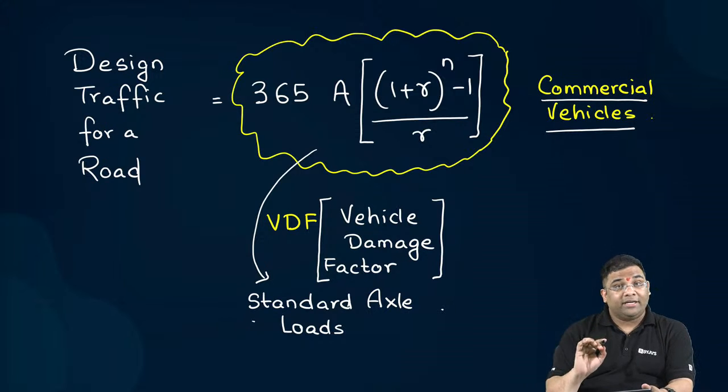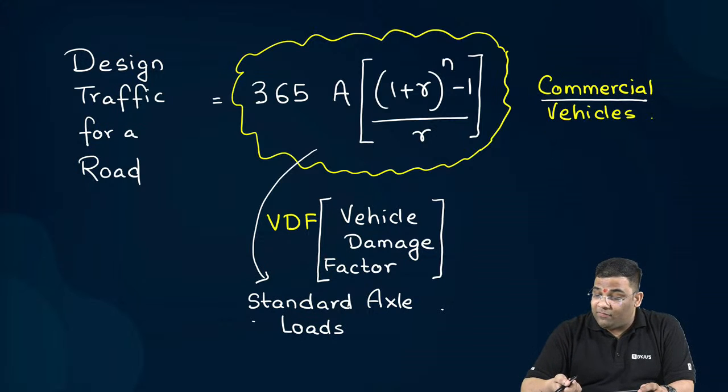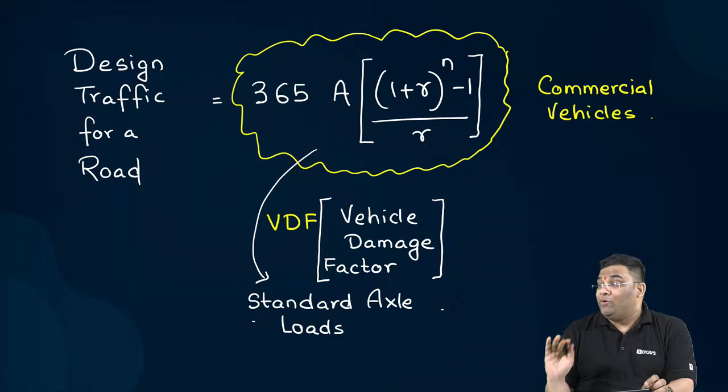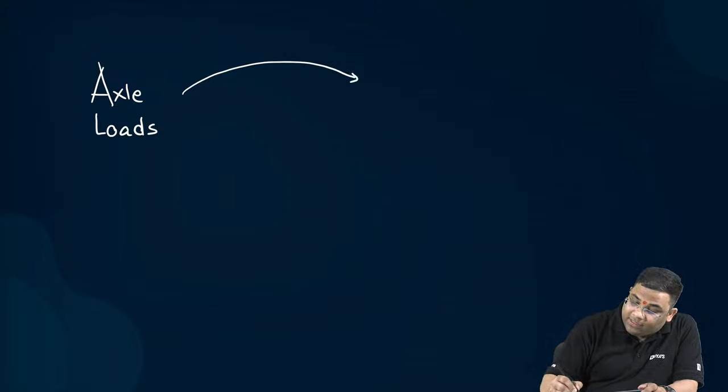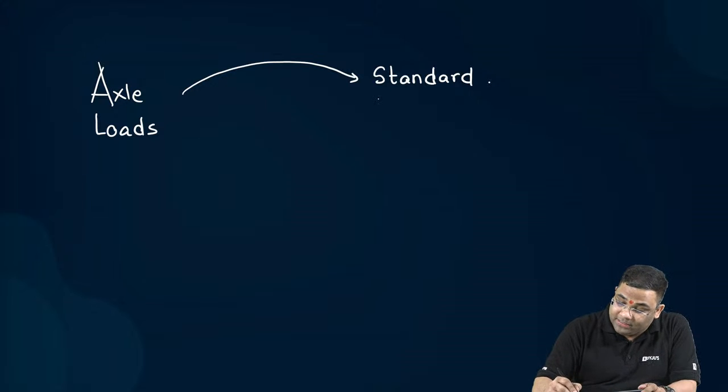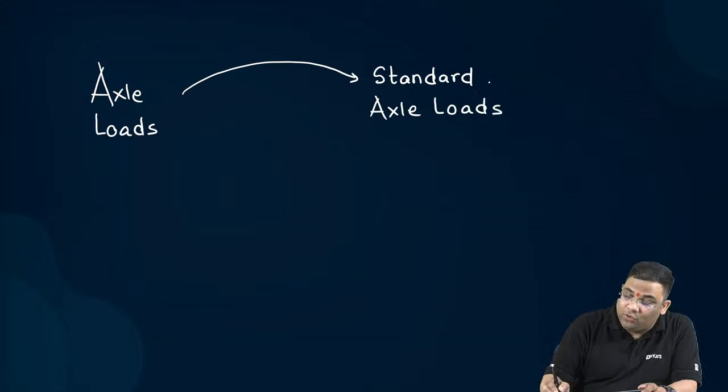It is a factor which converts the number of commercial vehicles into equivalent standard axle loads. Any axle loads I am converting into standard axle loads. Very good, all the students are answering. Thank you for your active participation.